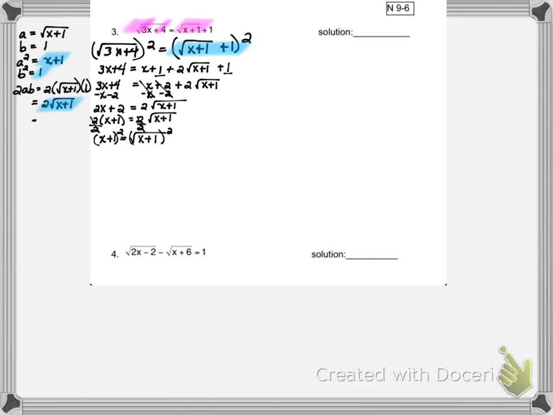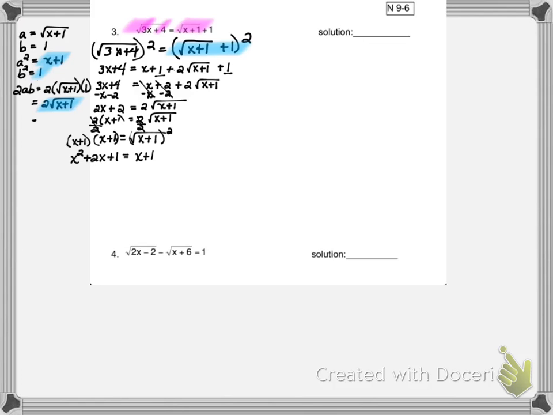If you FOIL this, remember that's the same as x plus 1 times x plus 1, x plus 1 squared. And so that comes out to be x squared plus 2x plus 1. And that's going to equal x plus 1.